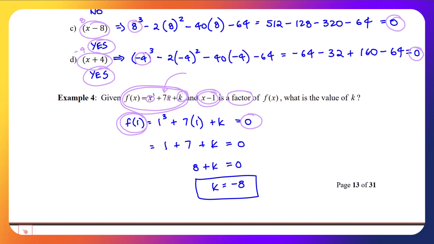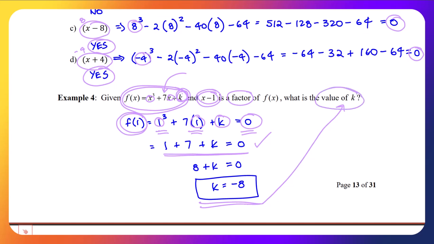So if I plug in 1 for x, and leave k alone, just let it be k. And then I work out everything else with k being left k. And then I go, oh, I have an equation where there's only k because x became a number. And so I solve for k, and k is -8.